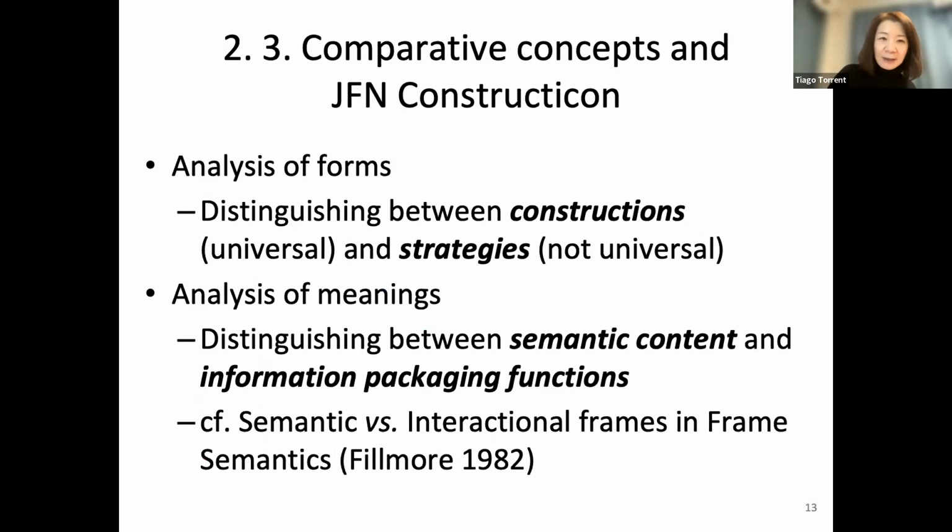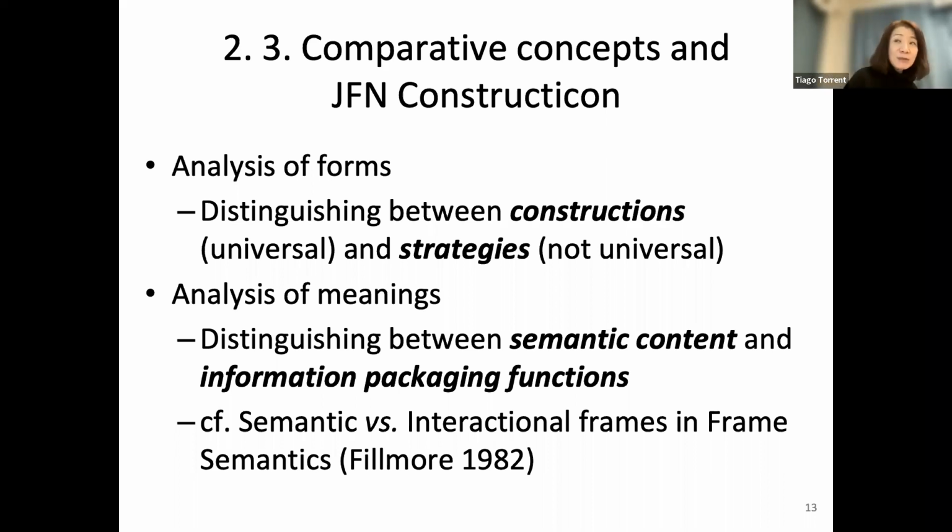So that led us to think that we really need to think about how to align Japanese and English constructions in terms of functions or comparative concepts. And as Bill points out in the book, when we analyze forms, it's important to separate constructions, which are supposed to be universal, from strategies, which are not universal.